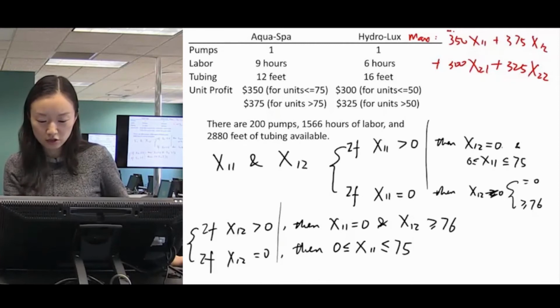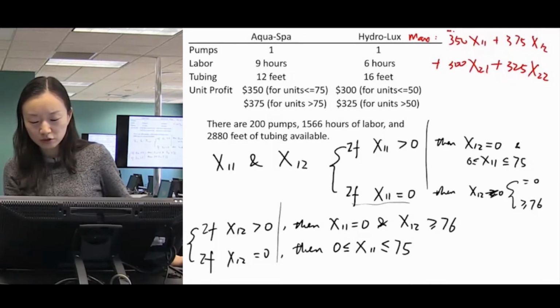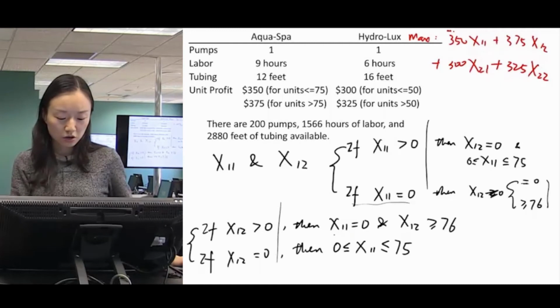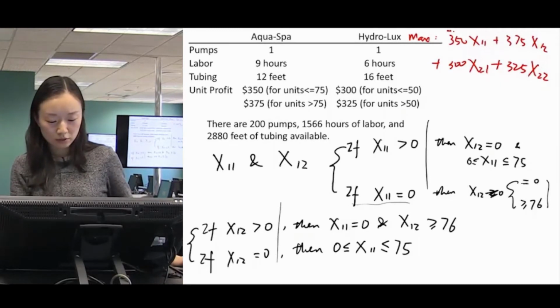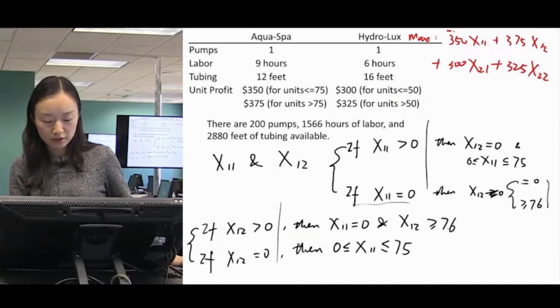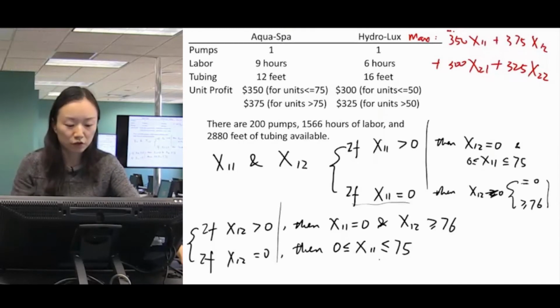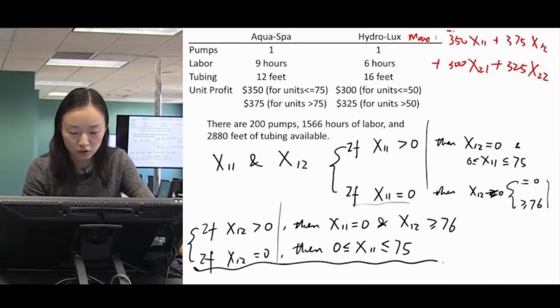But if you continue to look at this one here, after this one condition there are two more conditions to deal with: x12 should be either 0 or greater than or equal to 76. To me, that's more complex than here. Just straightforward: if this happens, then x11 is 0, x12 greater than or equal to 76. If this is 0, then x11, just one condition. That's my reason for choosing this statement to work with.